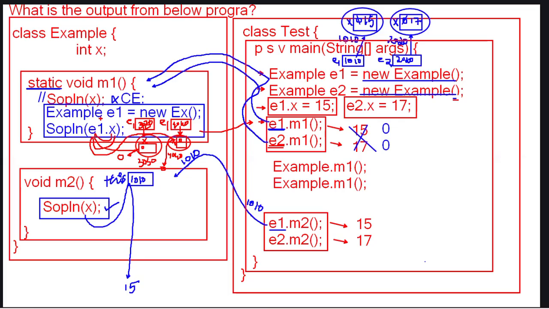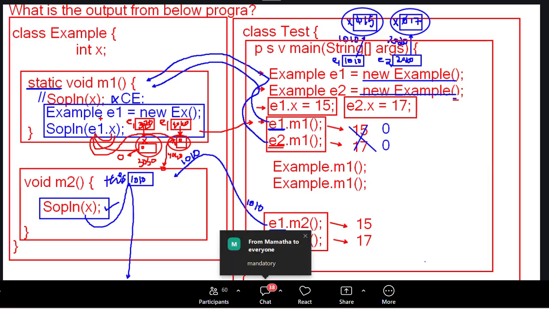So tell me, calling non-static method by using object, is it waste or mandatory? Waste. Non-static method. Calling non-static method by using object is waste or mandatory? Mandatory. Then current object reference is passed, stored in this, read from 10 object 15.